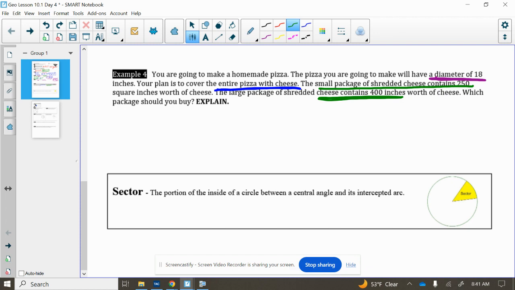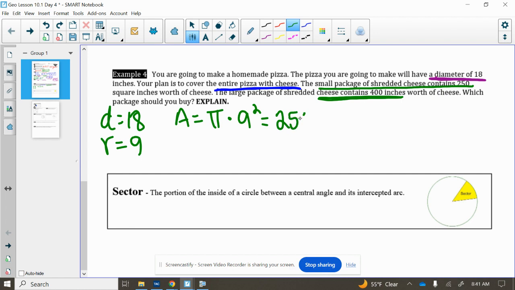So first of all, we are given that the diameter is 18, which means our radius is 9. And the total area of our pizza, pi times our radius squared, is 254.5. Okay, so if we look, 254.5 is a little too big to take that smaller bag of cheese. It maxes at 250 and we want the entire thing.